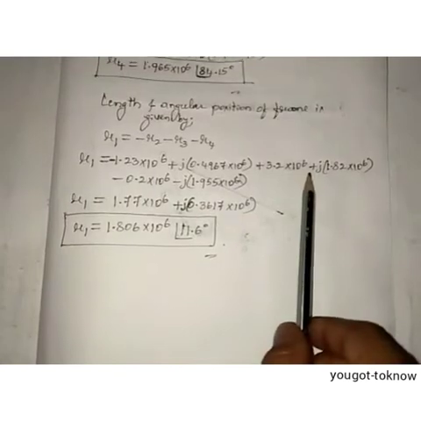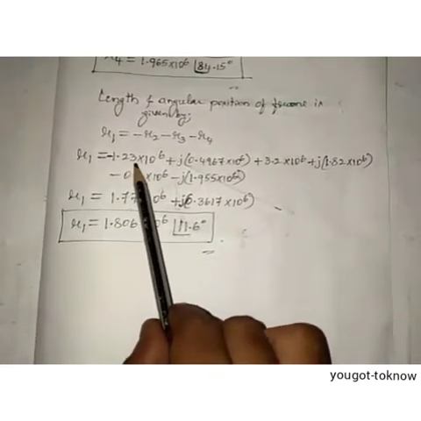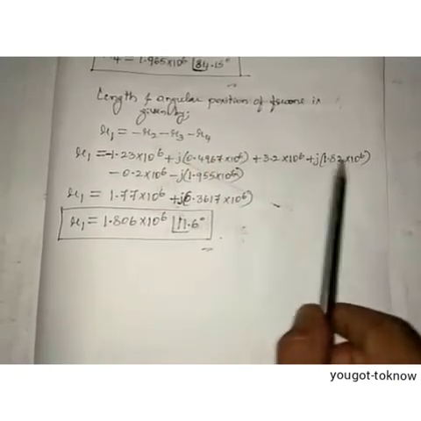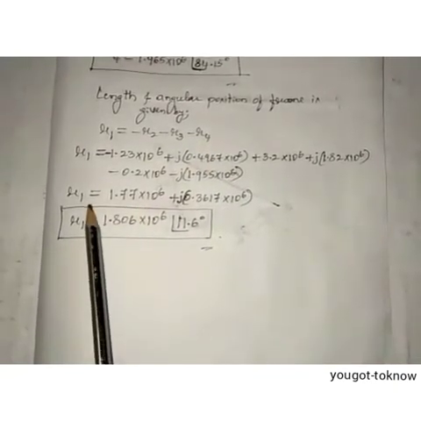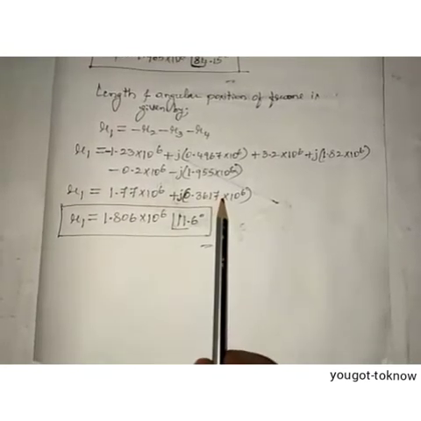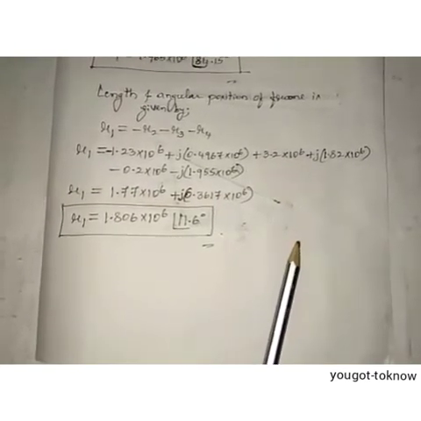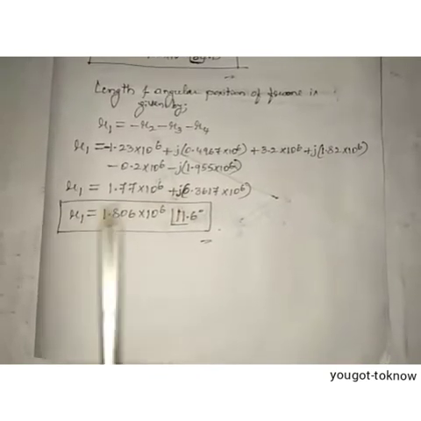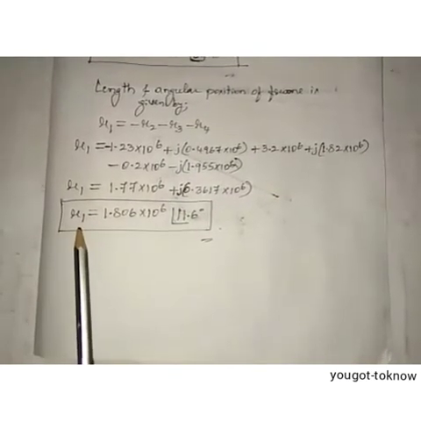From the above equation, first add the real terms, then add the imaginary terms, then keep the R1 equation with real and imaginary terms. Again using the calculator, find out the actual length of R1 and angular position of R1, similar to the previous method.